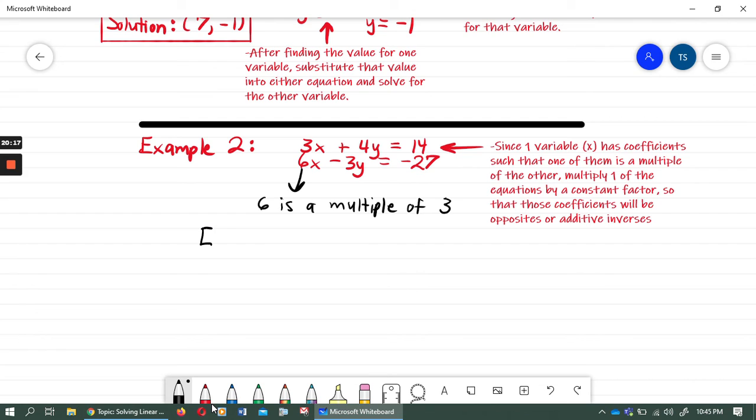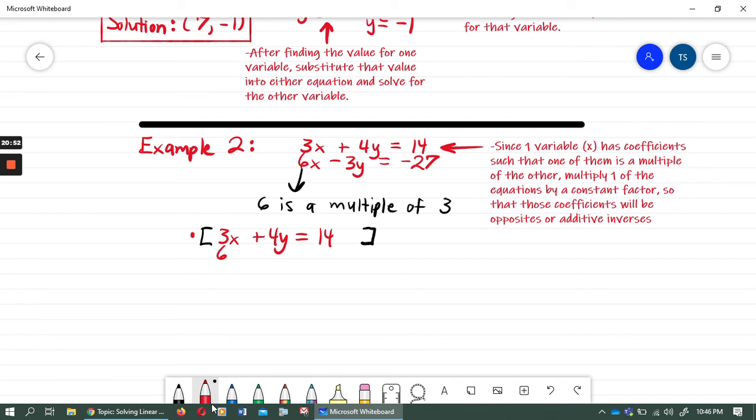So clearly, guys, we're going to multiply the first equation times some number, that first equation, which is 3x plus 4y equals 14. We need to multiply that times some type of constant factor so that those coefficients will be opposites of each other.